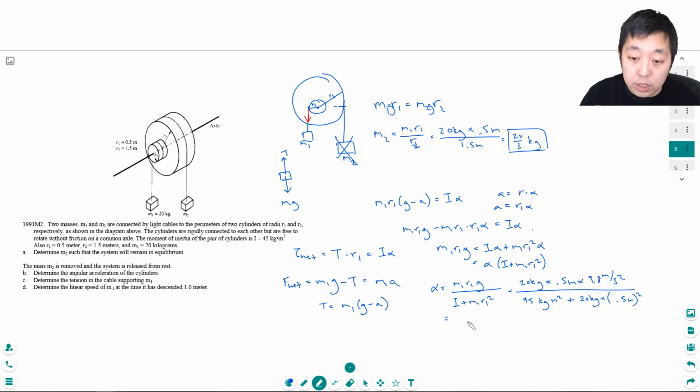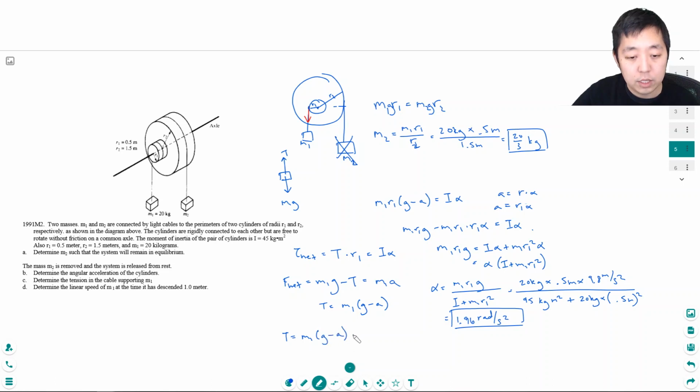So let me do this. 20 times 0.5 times 9.8, divided by 45 plus 20 divided by 4, which is really 5. That's 50. I get 1.96 radians per second squared, which is the unit of alpha. Now we can solve for the tension. Tension is equal to M1 times G minus A, which is M1 times G minus alpha R1.